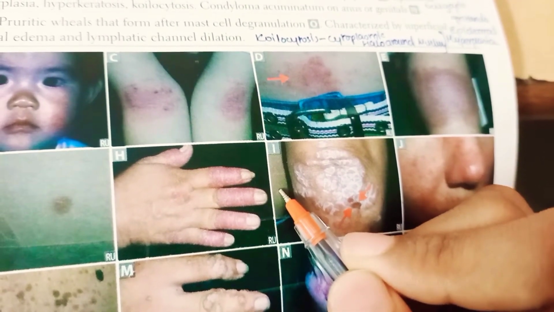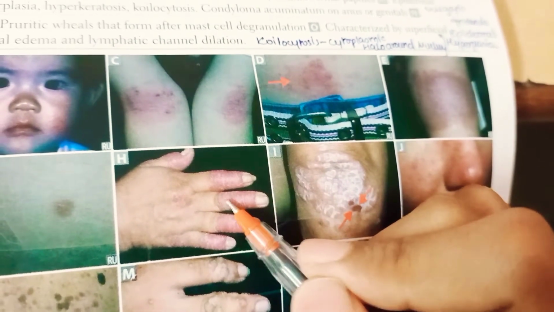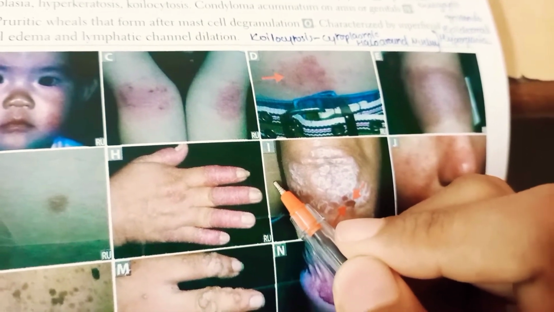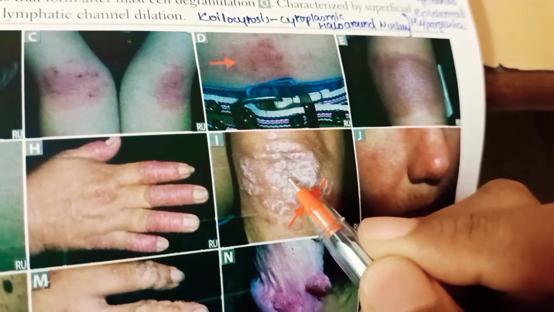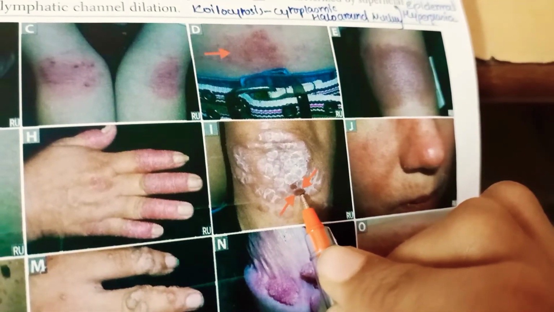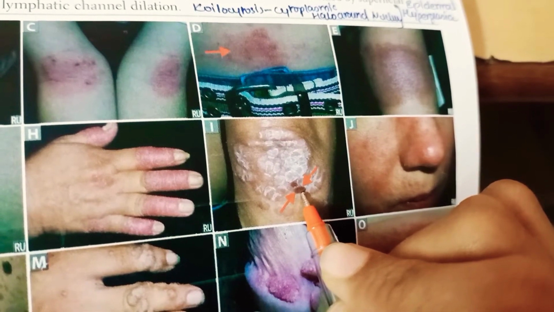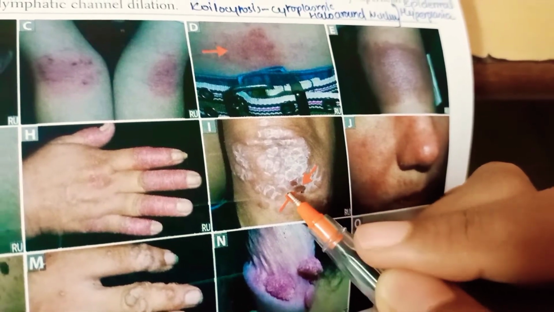There are Munro microabscesses, that is neutrophils in the stratum corneum, increased stratum spinosum, decreased stratum granulosum. There is also the Auspitz sign, that is pinpoint bleeding spots from exposure of dermal papillae when scales are scraped off. So if you remove the scales, you can see these bleeding points.